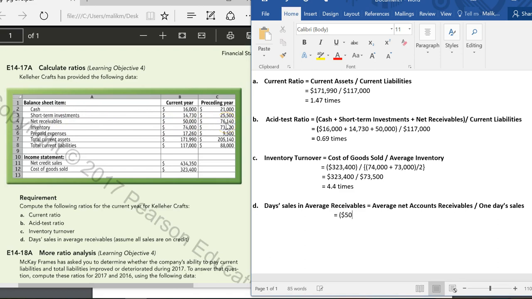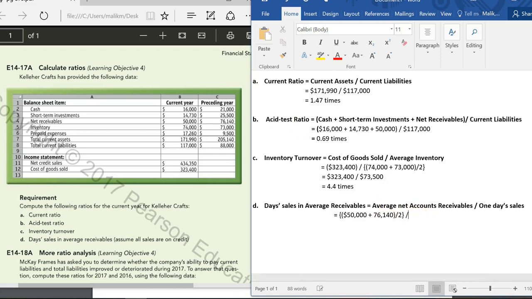So I will take these two numbers, my current year plus the past year's receivables, and divide by 2. This number will give you the top part, or the numerator, which is our average net receivables.